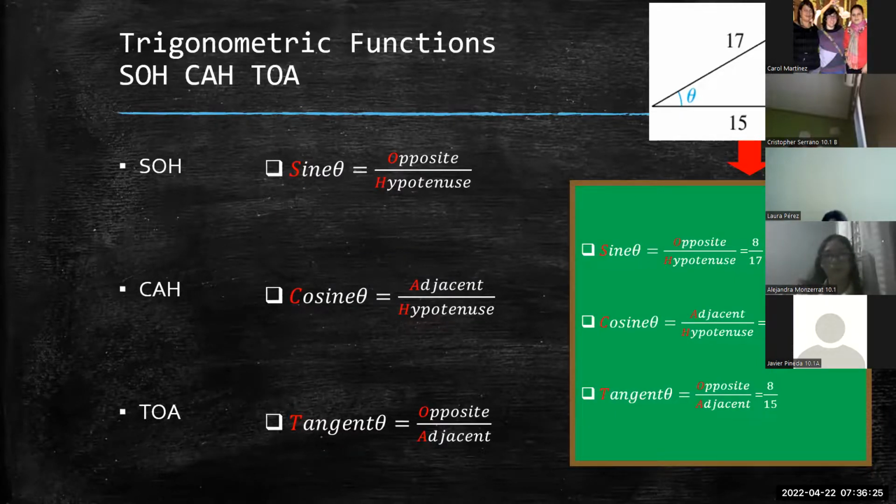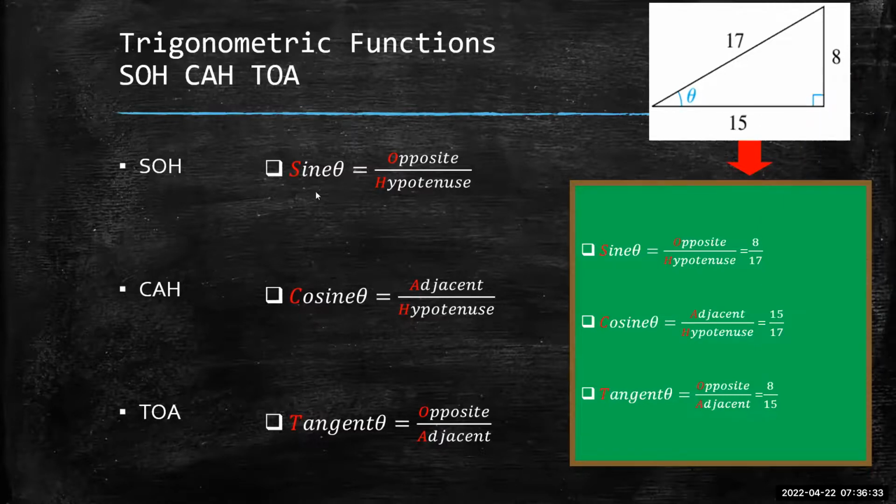They are called SOHCAHTOA. And it's called like that because in that way you memorize it faster. S stands for sine, O stands for opposite, and H stands for hypotenuse. C stands for the trigonometric function called cosine, A is for adjacent, and H is hypotenuse.